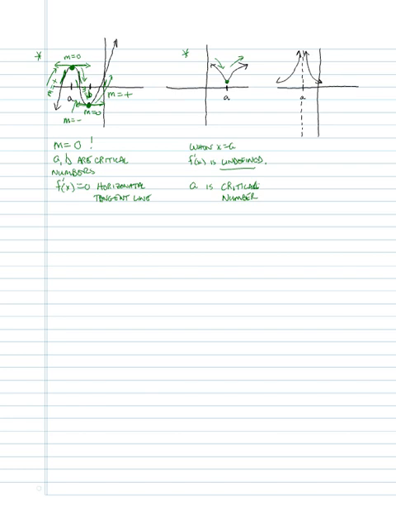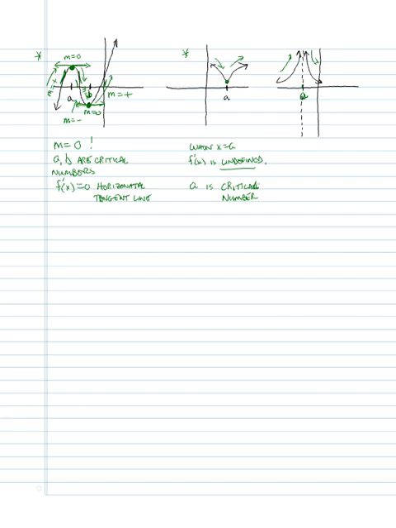Now, let's look at this graph. At A, the function's not defined at all. Here's the x value of A right here. At A, actually, we have an asymptote, don't we? A vertical asymptote, and the function is not defined there at all. But notice that we're increasing on this side and we're decreasing on this side. Now, in this case, we don't really call A a critical number, but we kind of get away with it.